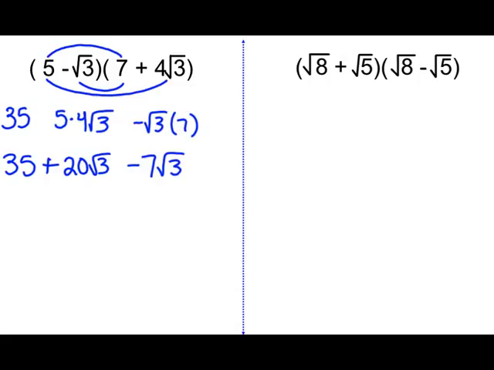And last but not least, we'll take the negative square root of 3 times the positive 4 square roots of 3. Well, negative times 4 is negative 4. Square root of 3 times square root of 3 is square root of 9, so we have negative 4 square roots of 9.